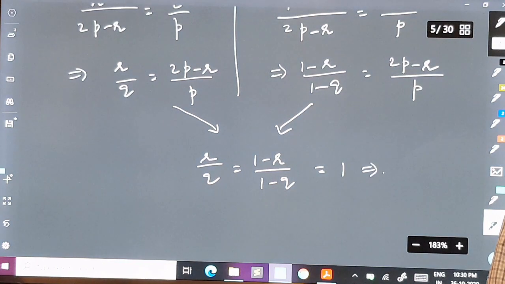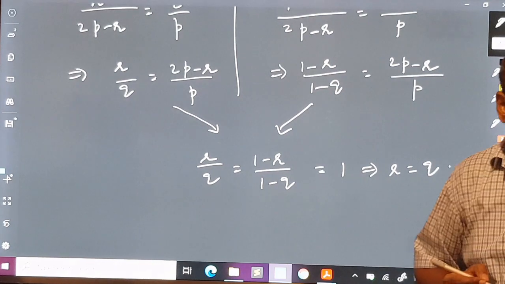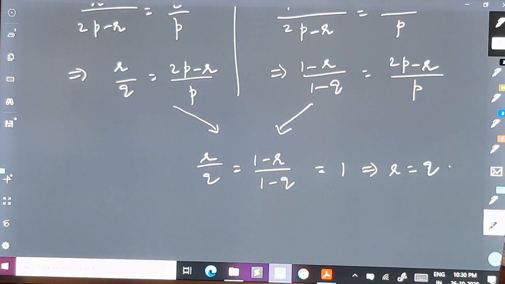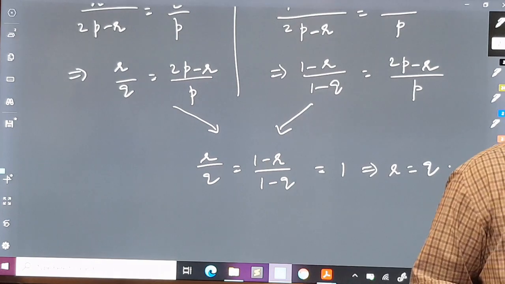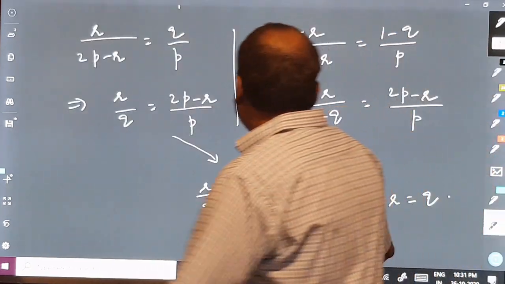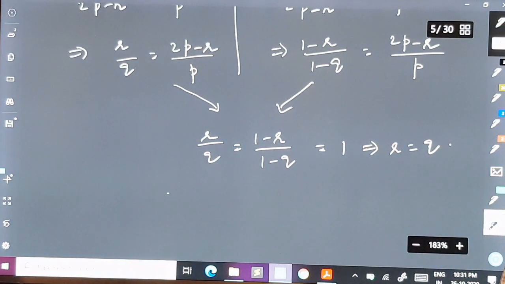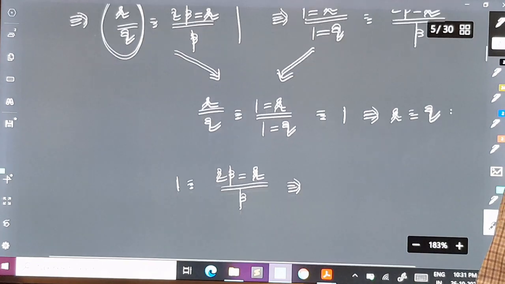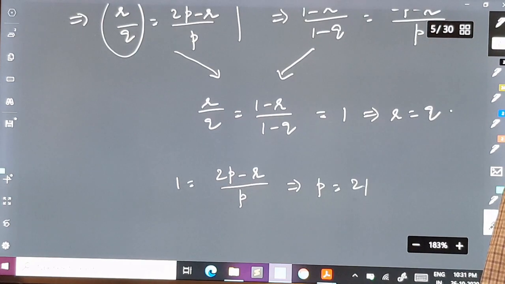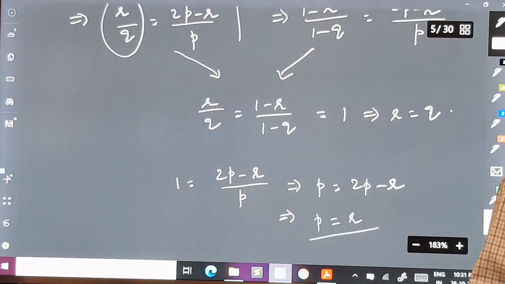And from this I can conclude that R is equal to Q. And the moment you have R is equal to Q, using that in here, this becomes 1 now. 1 is equal to (2P minus R) by P. From this I have P is equal to 2P minus R, so from this I have P is equal to R.